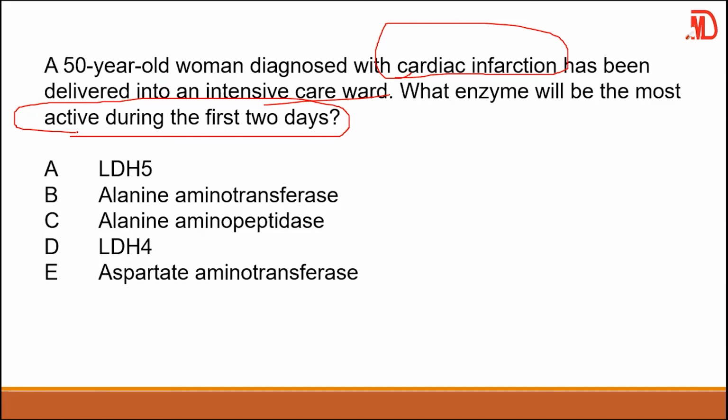So in the heart, we are going to have a lot of aspartate. Then in the liver, we are going to have a lot of alanine. So please just take note. Even though both of them will be high, the one with the highest would be aspartate if you are thinking of the heart.